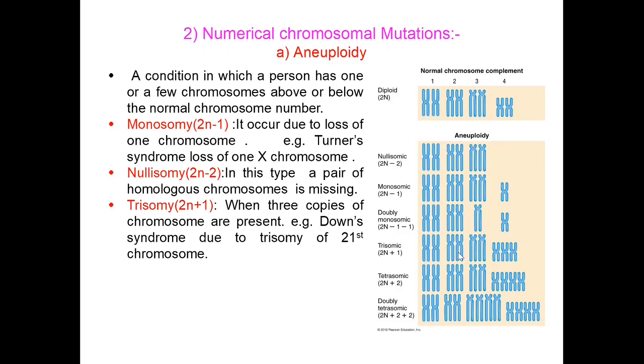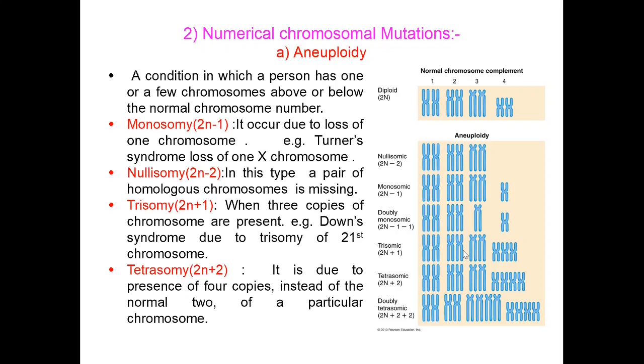For example, Down's syndrome, which occurs due to trisomy of the 21st chromosome in human beings. Next is tetrasomy. It is due to the presence of 4 copies instead of the normal 2 of a particular chromosome. So this is the tetrasomy type of mutation.